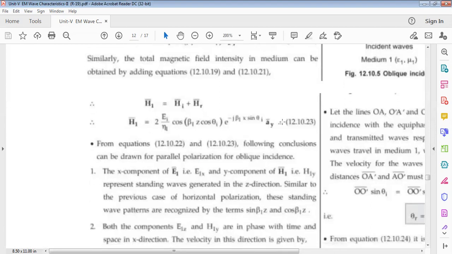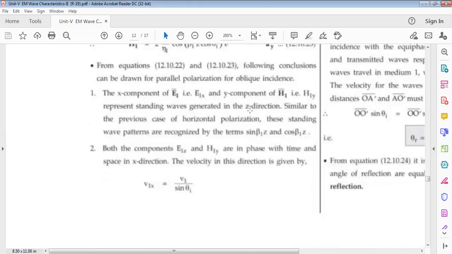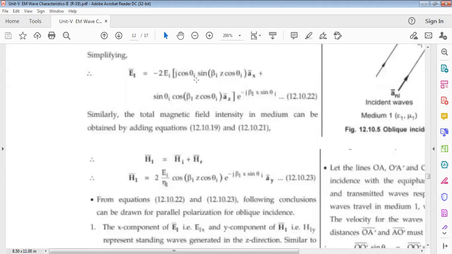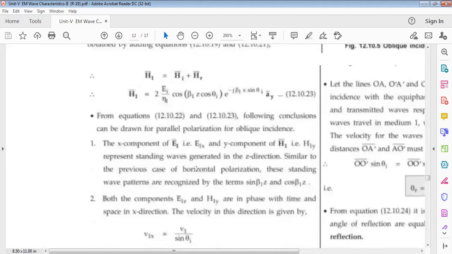Following conclusions can be drawn for parallel polarization for oblique incidence. The x component of E1 bar, E1x, and the y component of H1, H1y, represent the standing waves generated in z direction. Similarly to the previous case, horizontal polarization, these standing wave patterns are recognized by the terms sin beta 1 z and cos beta 1 z.